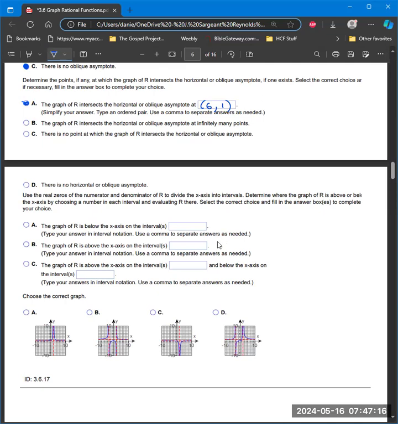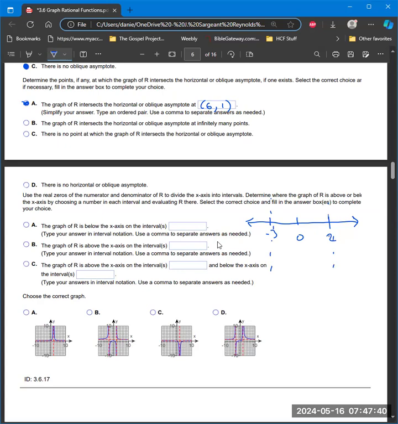And now let's look at the vertical asymptotes and zeros. Here, this was -3 and 2. And these are asymptotes, and that's a 0.